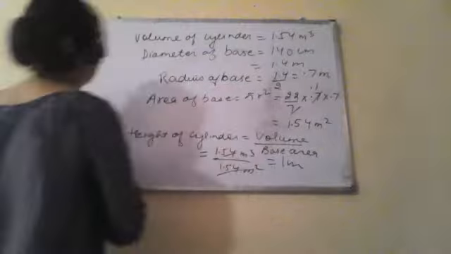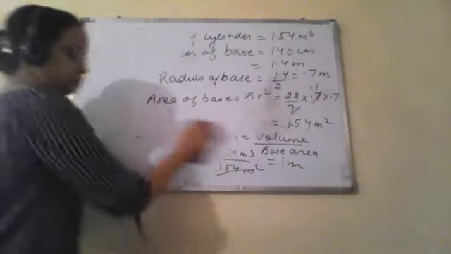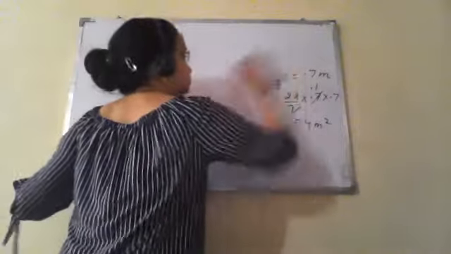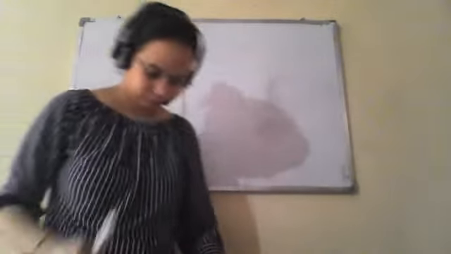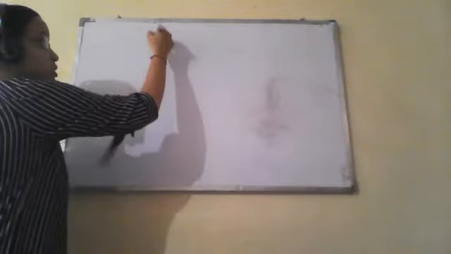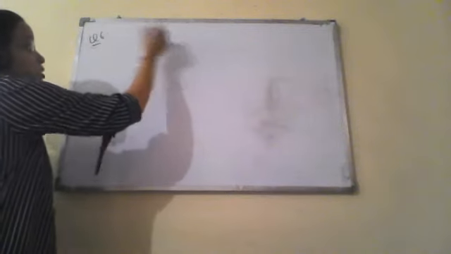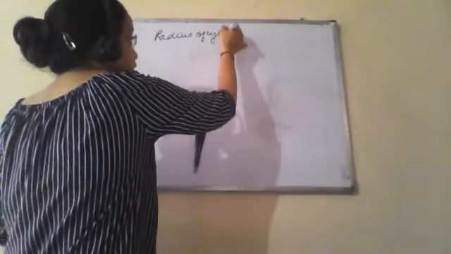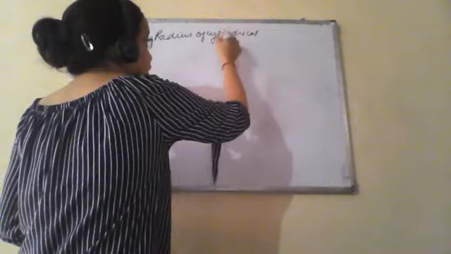Now next question. Question number 6. A milk tank is in the form of cylinder whose radius is given. Radius of cylindrical tank is given to us. It is 1.5 meter.